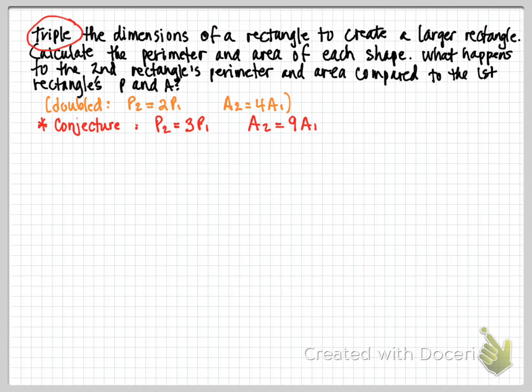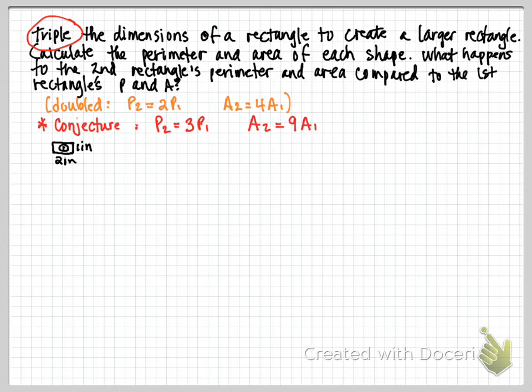All right, so let's draw this out. I'm going to start with a 1 by 2. There's my 2, there's my 1. Actually, let's go the other way. I don't like the way that looks. So this is our first shape, and it's a 1 inch by 2 inch.